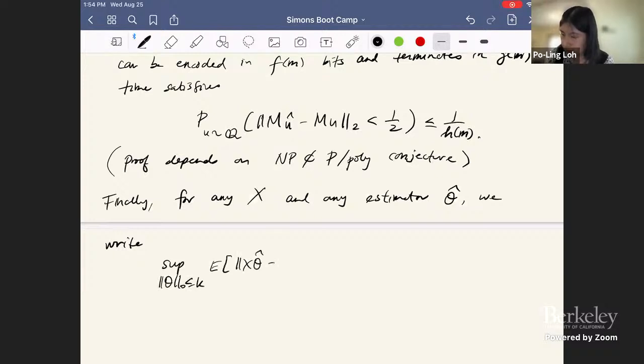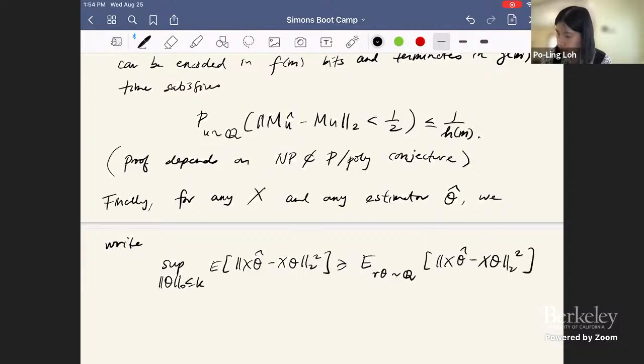And now this is the quantity that we were after in the first place. This is bigger than or equal to, and now we're going to take an expectation over a particular set, where theta is distributed as R times Q, of x theta hat minus x theta, 2 norm squared.